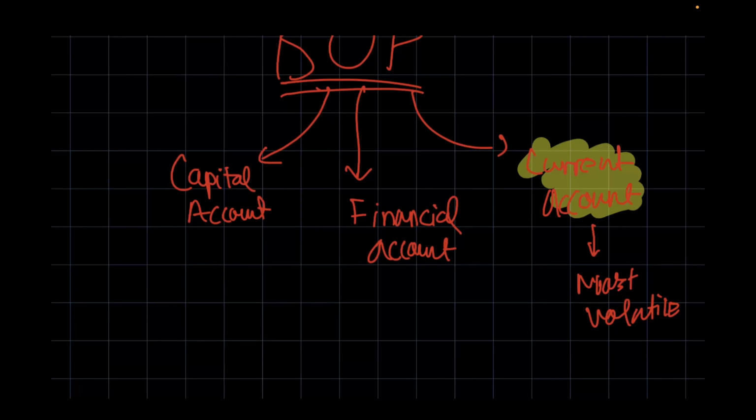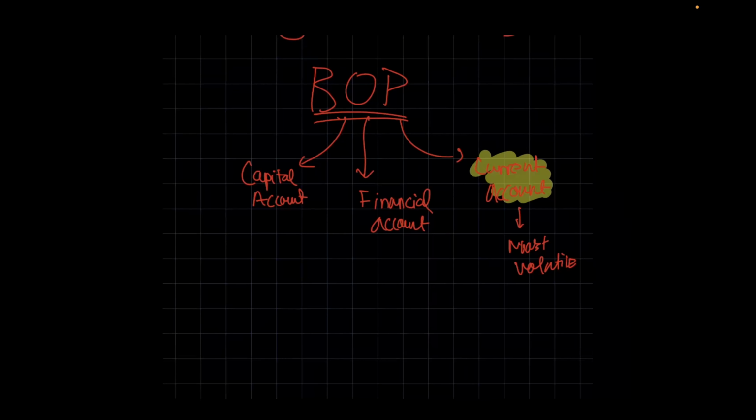So another important thing to understand is the balance of payments has a very, very critical aspect here. Individually, each of the accounts can be in deficit or surplus. However, the overall balance of payments has to balance with a zero, a deficit, or a surplus.